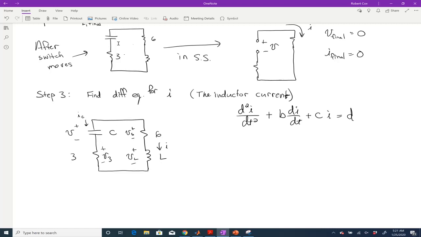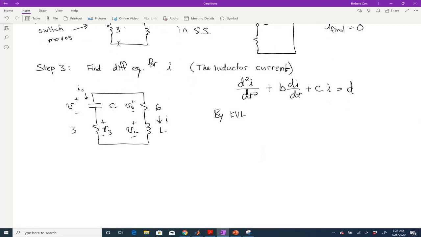All right, so to do this, let's do a KVL. I get 0 equals minus V3. I go minus to plus; again, I always go in this clockwise direction. Minus V3 minus V plus V6 plus VL, like that.